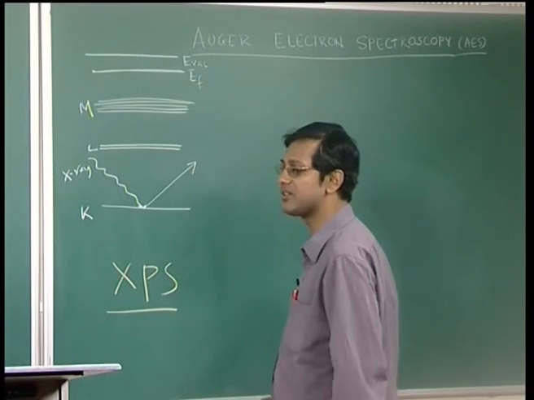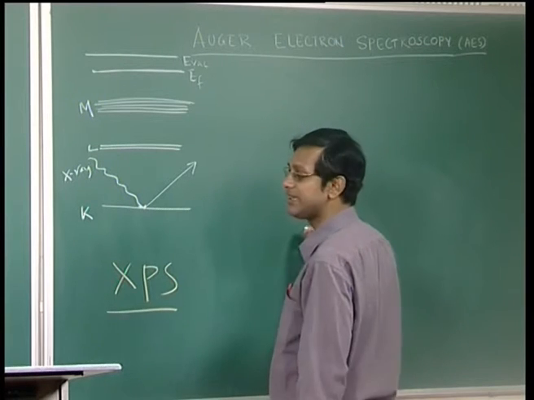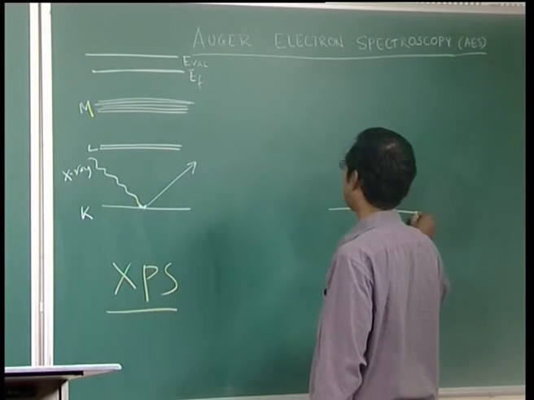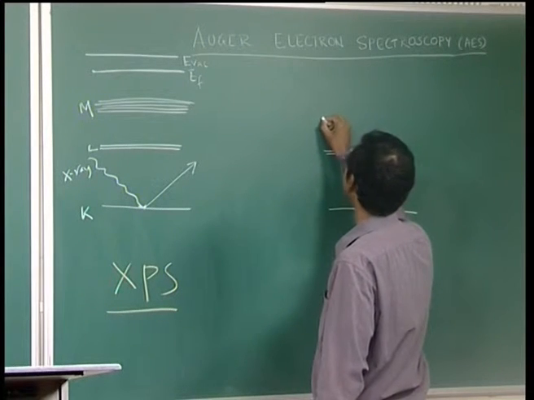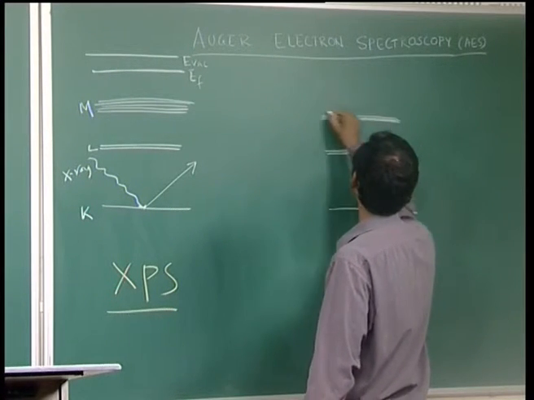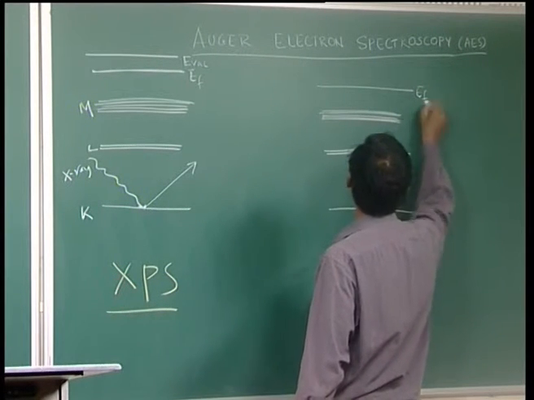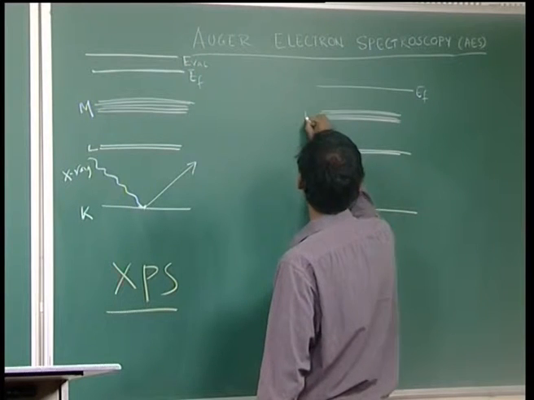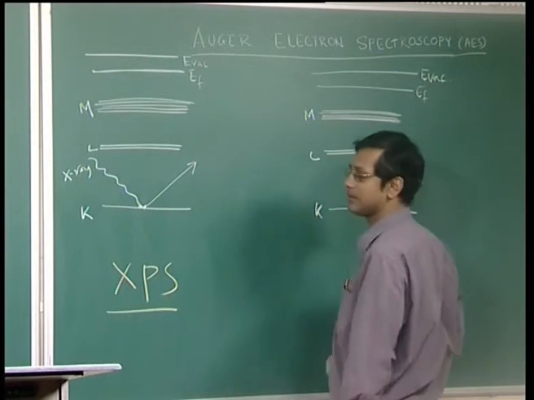Now let us discuss what happens in AES. So I draw the same thing here again. I have the K level electrons, L shells, and then M shells.